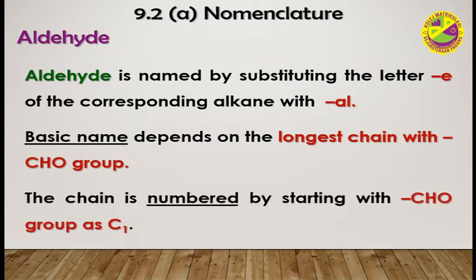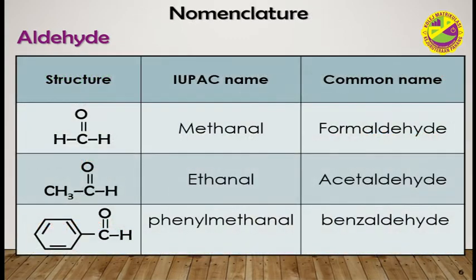The chain is numbered by starting with CHO group as carbon 1. The following table shows the structure of common aldehydes, their common names, and their IUPAC names.